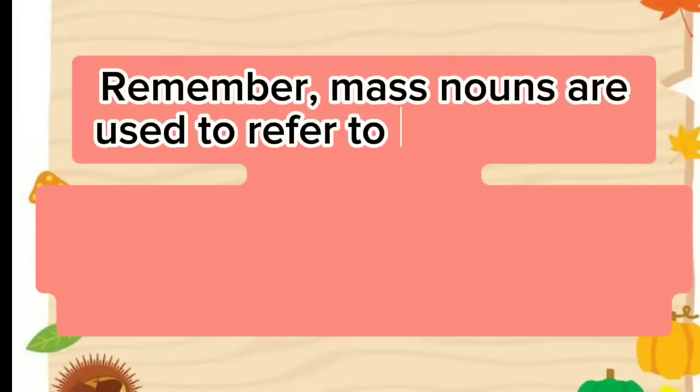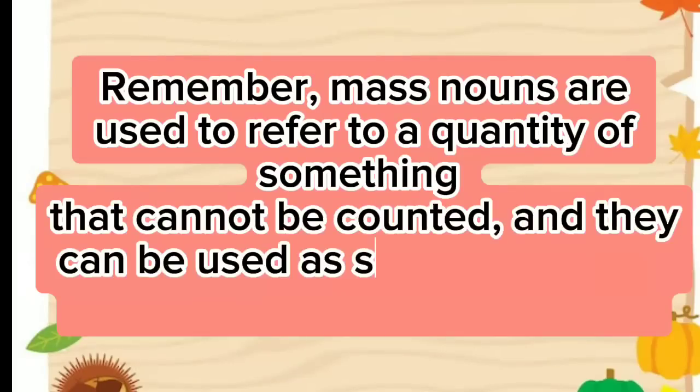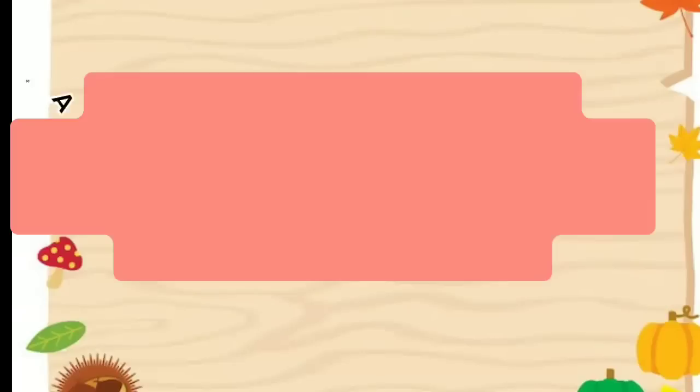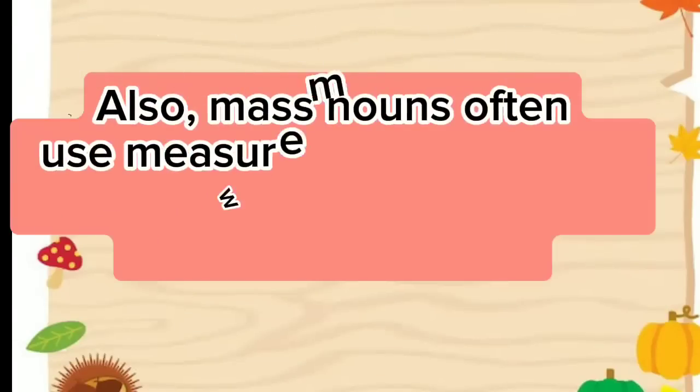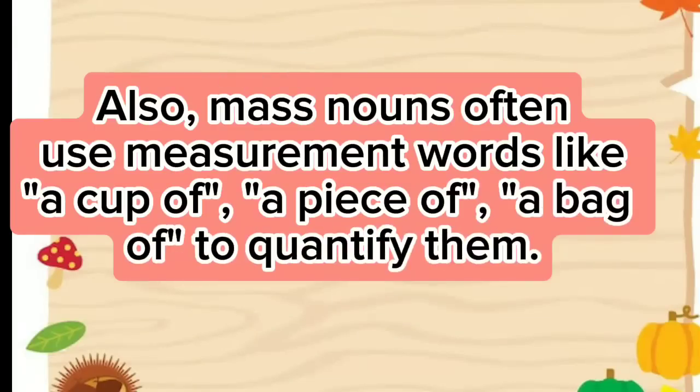Remember, mass nouns are used to refer to a quantity of something that cannot be counted, and they can be used as subjects, objects, or complements in a sentence. Also, mass nouns often use measurement words like a cup of, a piece of, a bag of, to quantify them.